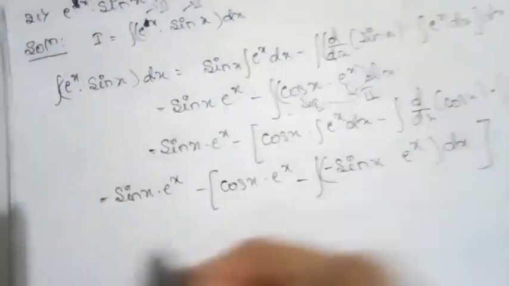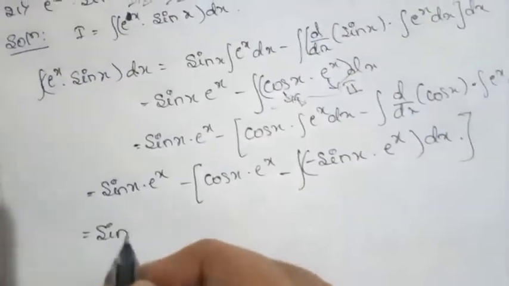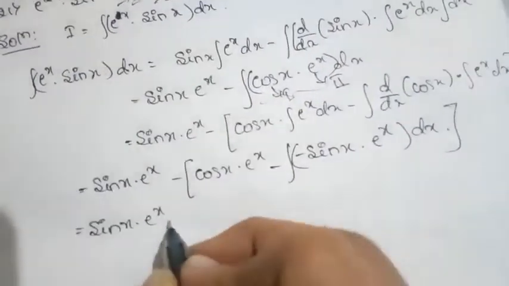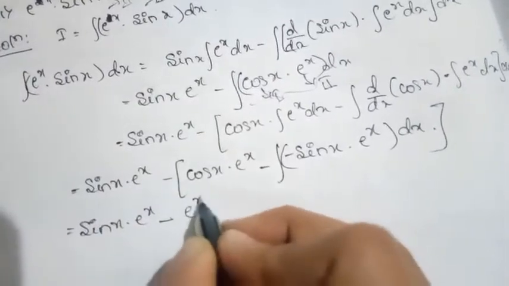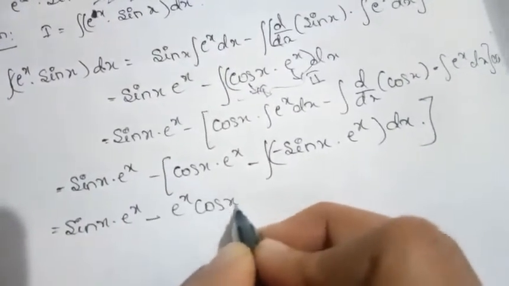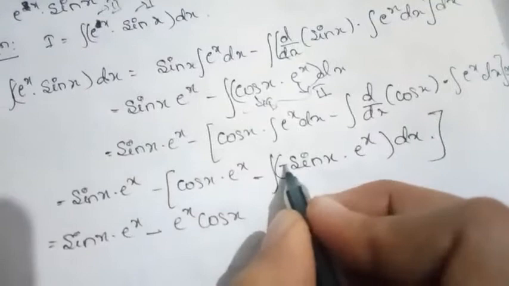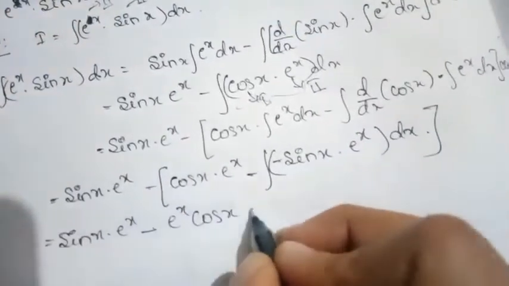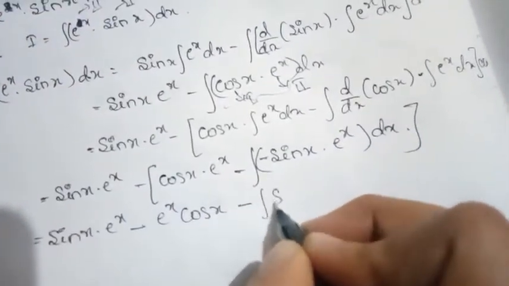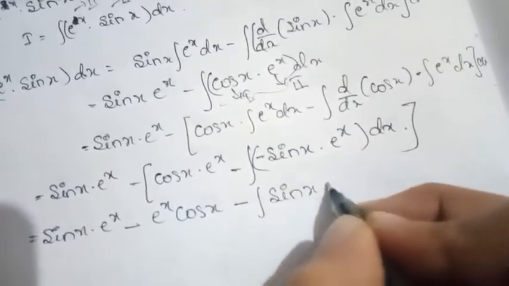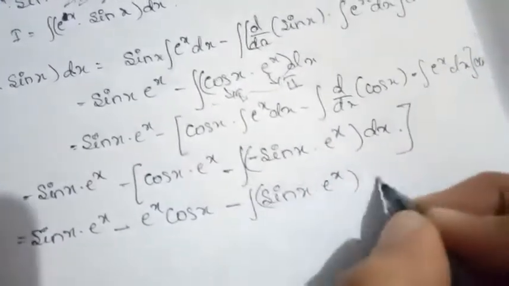Now what happened here? Sin x into e power x minus, I am multiplying that minus inside the bracket, e power x into cos x, minus into minus is plus, plus into minus is again minus, integration of sin x into e power x dx.